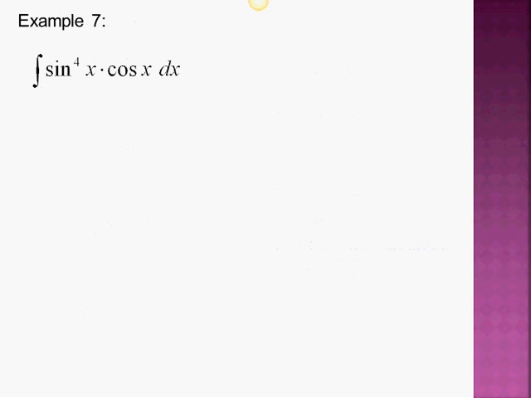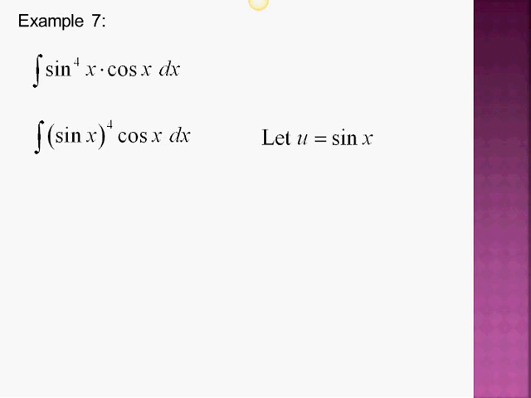Now I have the integral of sine to the fourth of x times cosine of x dx. If I rewrote sine to the fourth, I would write it as the quantity sine of x all to the fourth power. So hopefully you've recognized that u is going to be the inside function, sine of x.